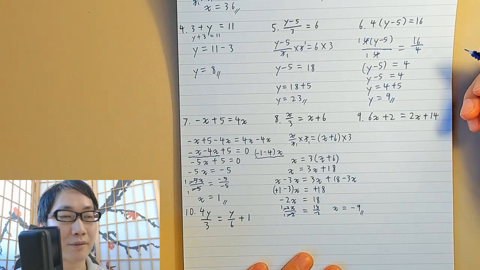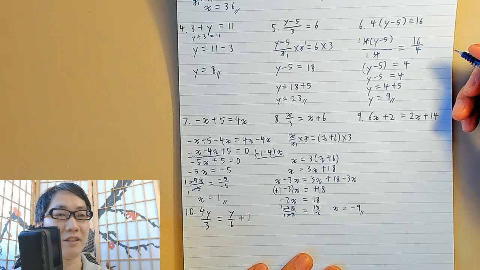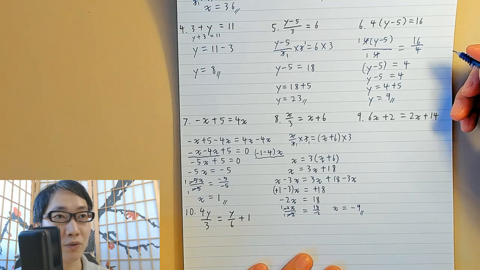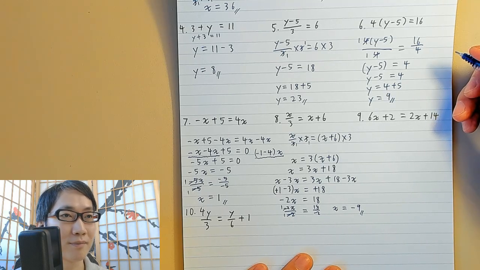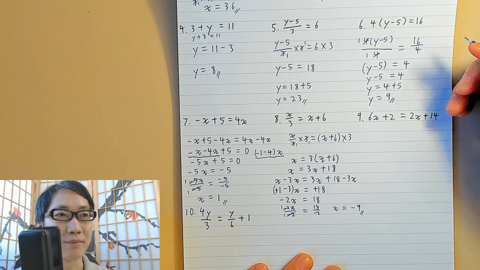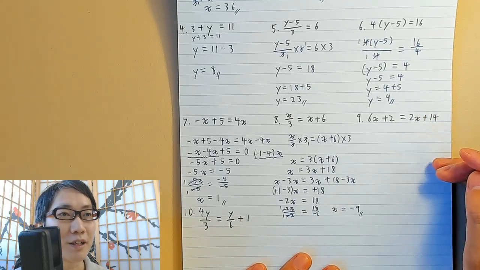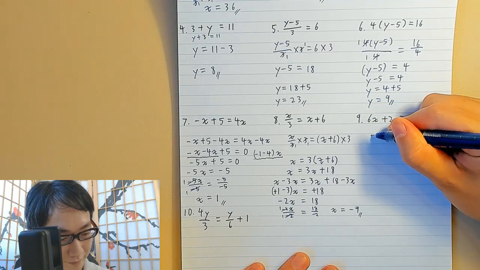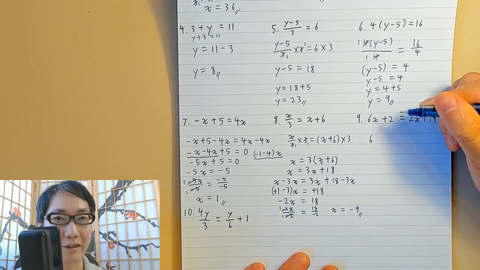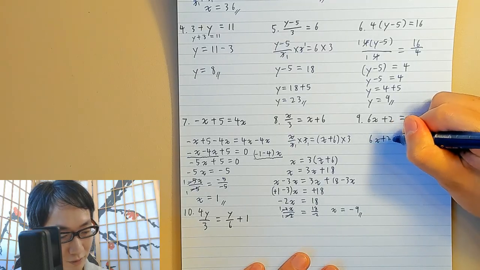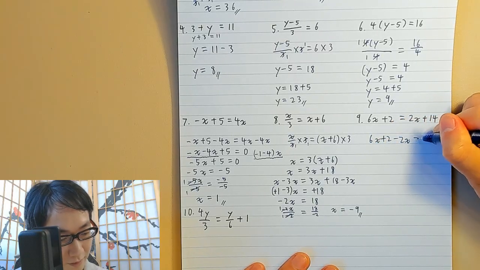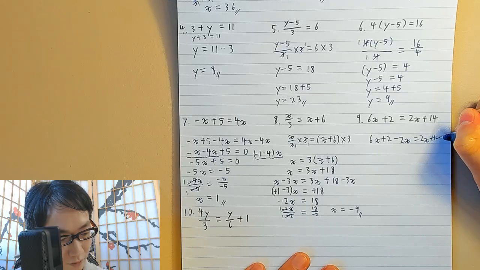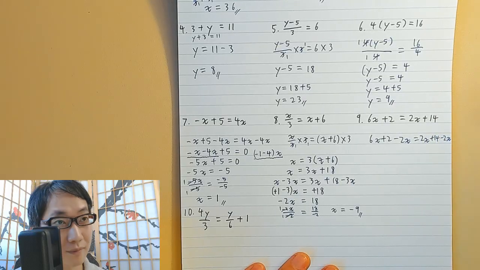And number 9. So 6x plus 2 is equal to 2x plus 14. So we put all the x's to the left. So 6x plus 2 minus 2x is equal to 2x plus 14 minus 2x.